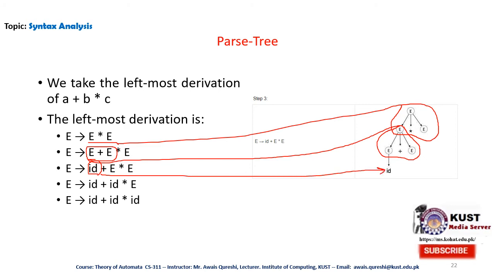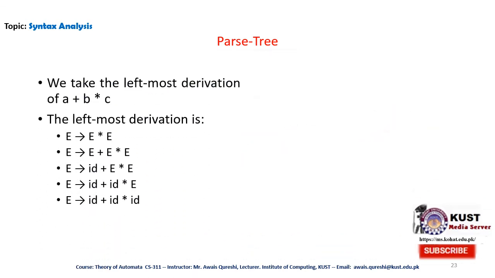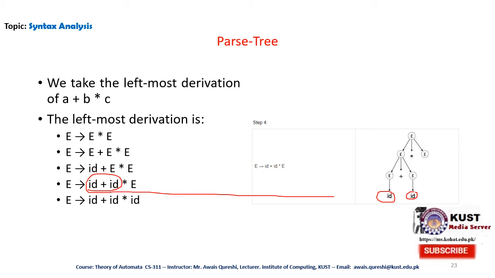So with the help of these derivation rules, we are creating a parse tree. Similarly, you can also judge that we have included these two IDs as well over here as a result of this phenomenon. Okay, this is that part.